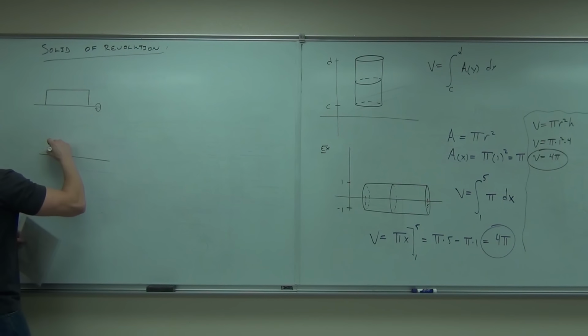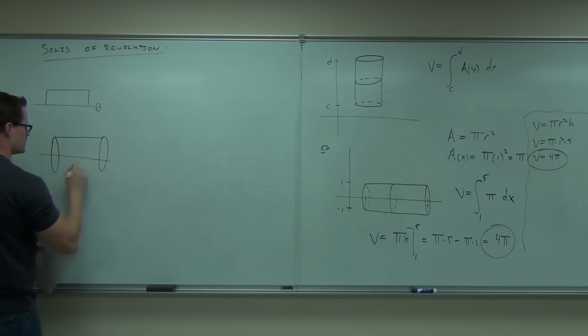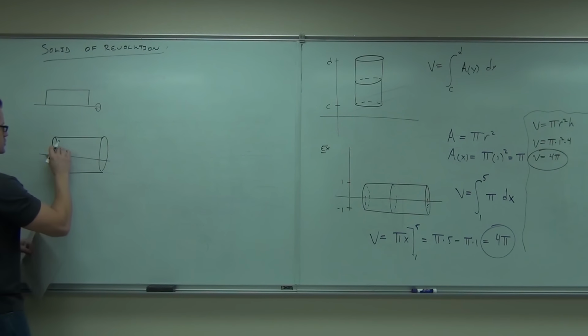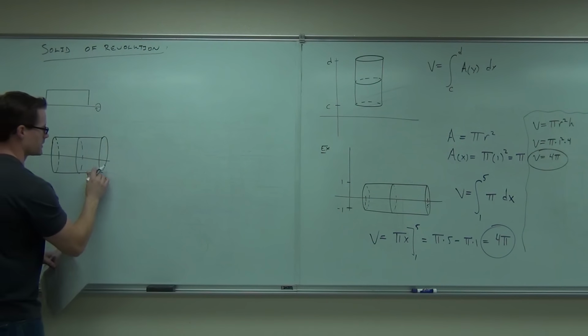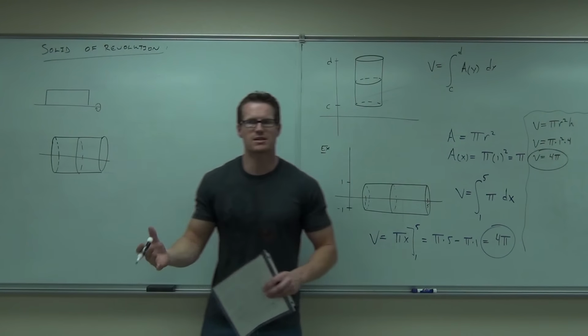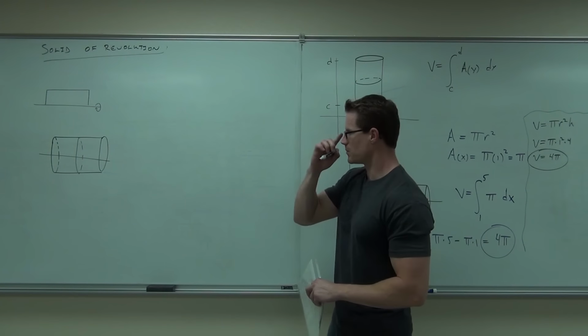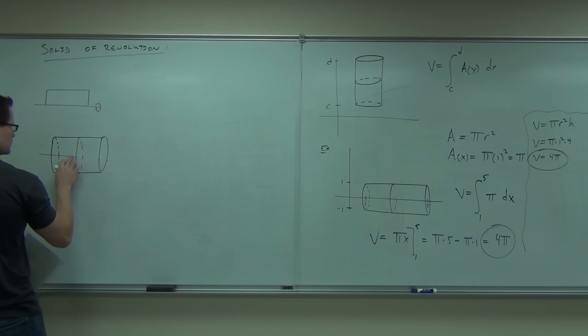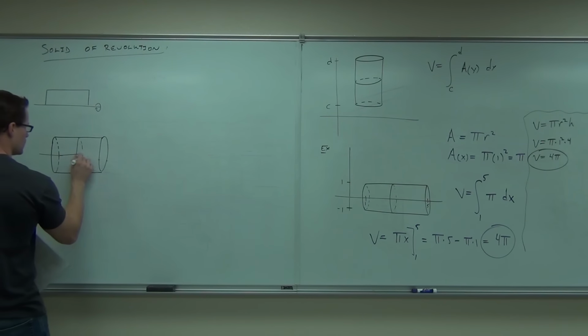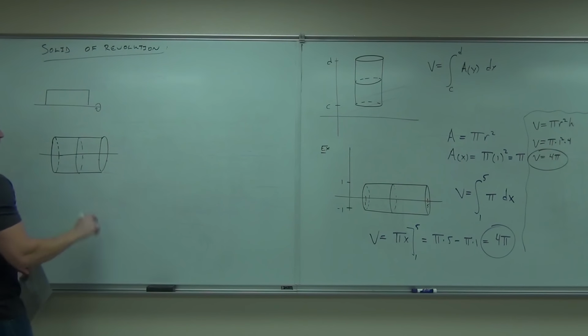So this would create this shape. Basically, I didn't draw it very nicely, but it creates that cylinder that we were just talking about. Well, I really messed that up.